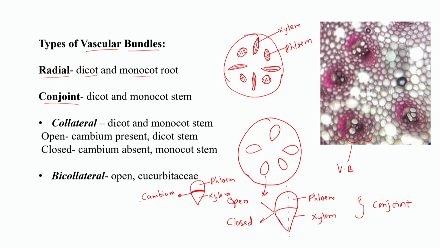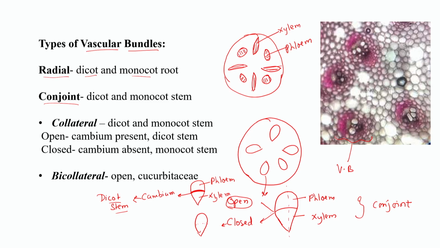This type of situation is known as open vascular bundle and it is found in dicot stem. We say it is open because in the presence of cambium, secondary growth will occur. So, you can remember it in that way, that it is open for secondary growth, and we call it closed if cambium is absent.